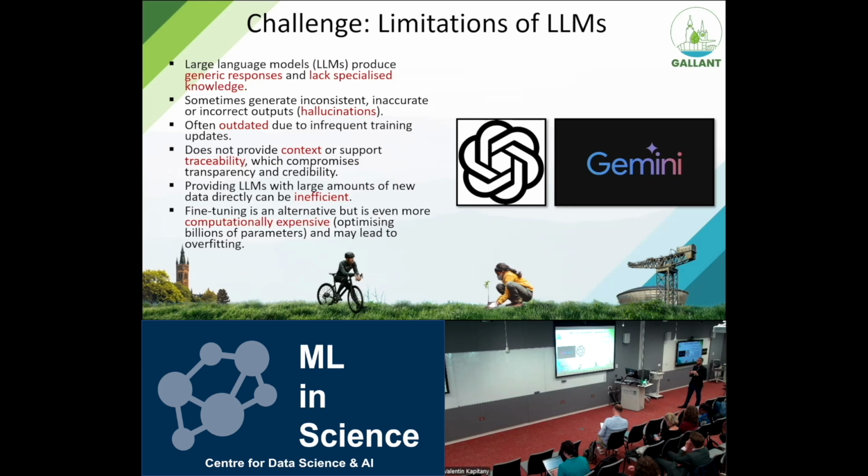Language models also can suffer from a phenomenon known as hallucination, where the model generates inconsistent, inaccurate, or even completely incorrect outputs.